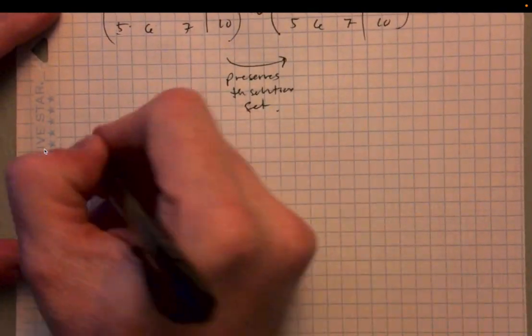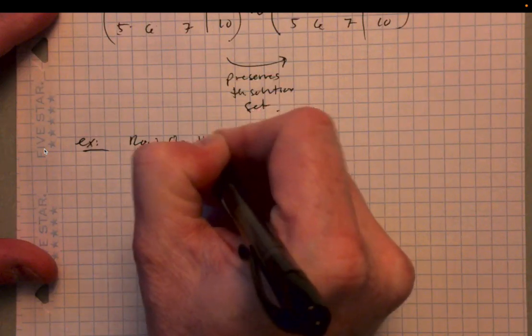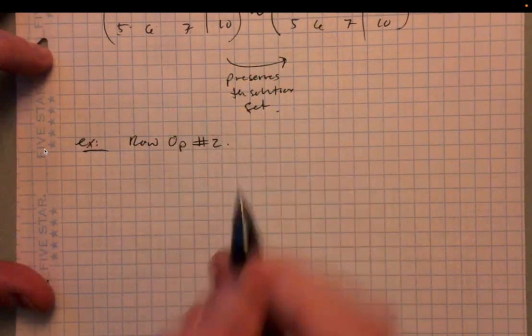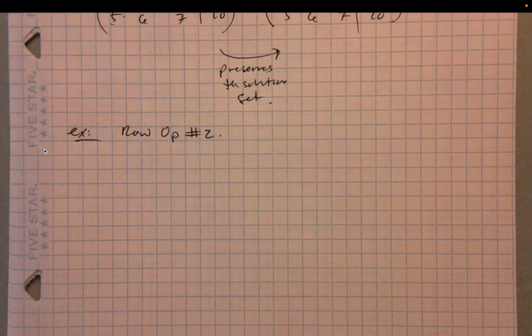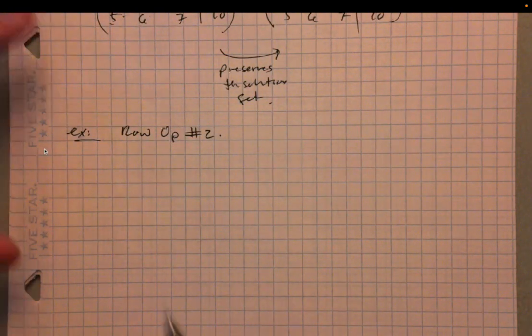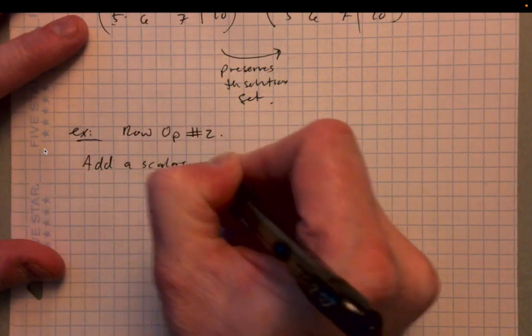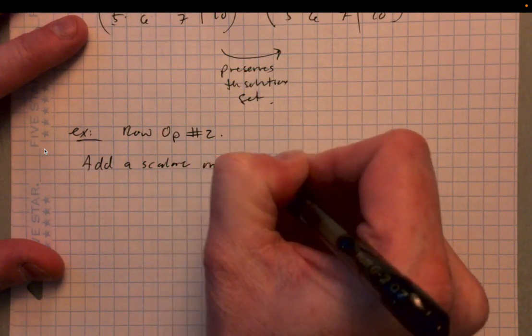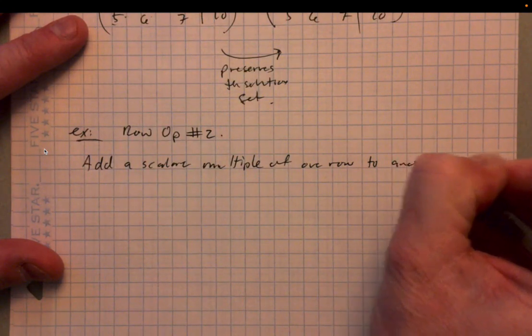Let's talk about row operation number 2. Remember, it says add a scalar multiple of one row to another row.